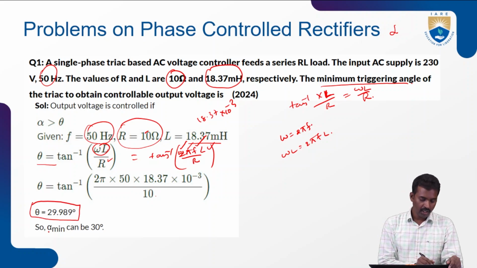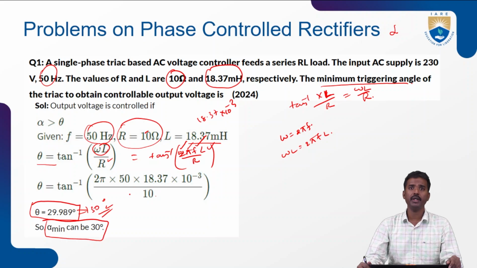So alpha minimum is almost 30 degrees, 29.9.